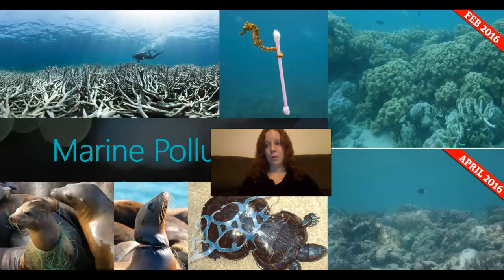So this is terrible. And the two on the right side should be most concerning. That's just going from February to April. So this is happening quickly. And it takes, again, a really, really long time for these corals to grow and to become healthy. Other top picture in the middle with the seahorse and the Q-tip.